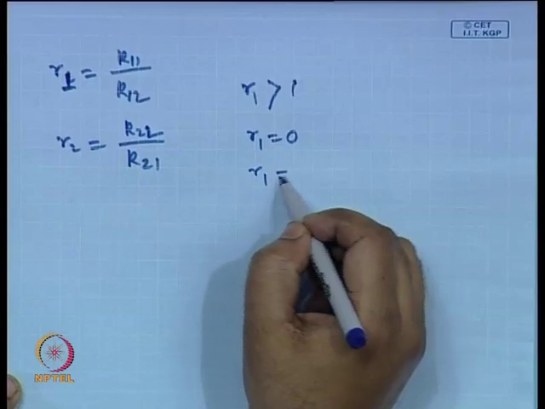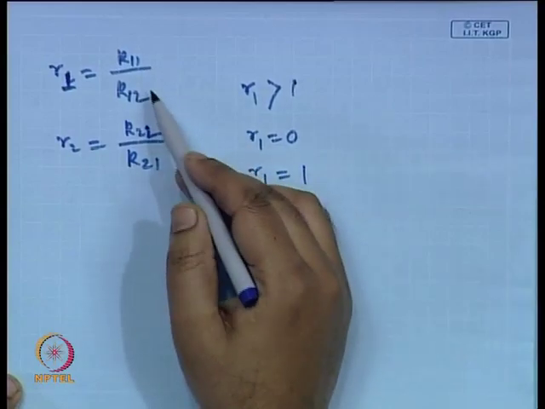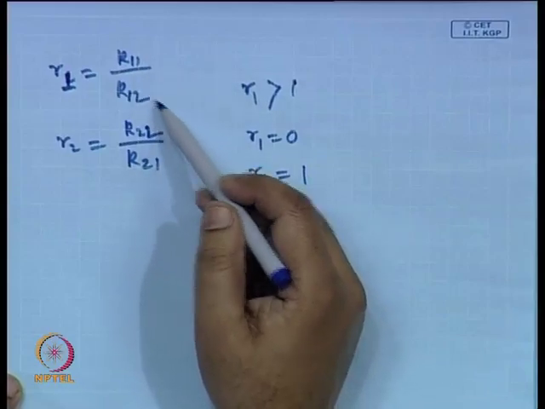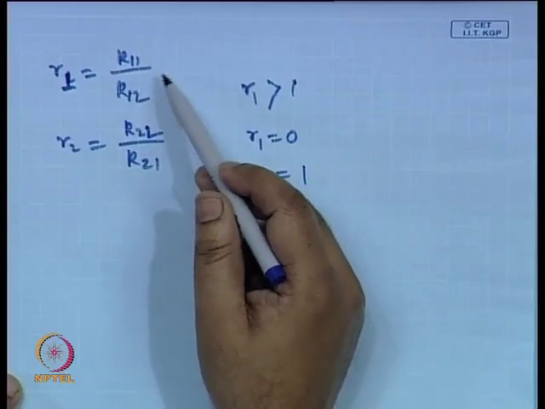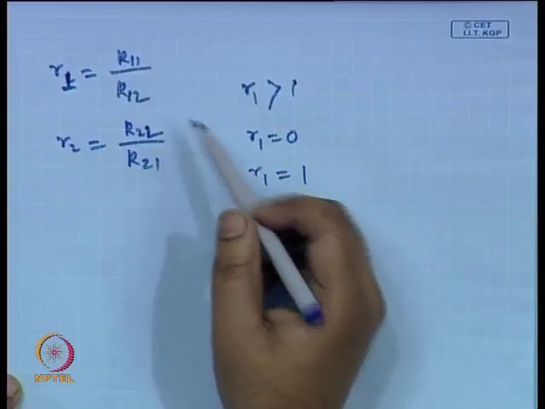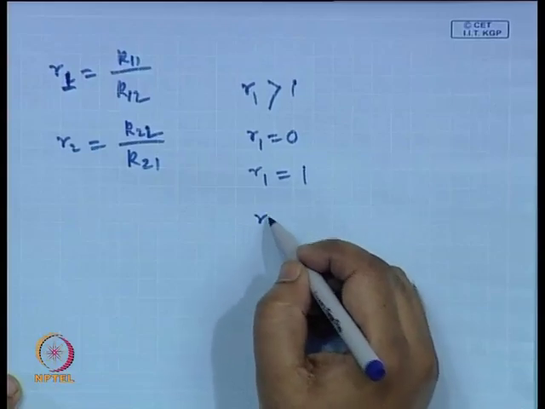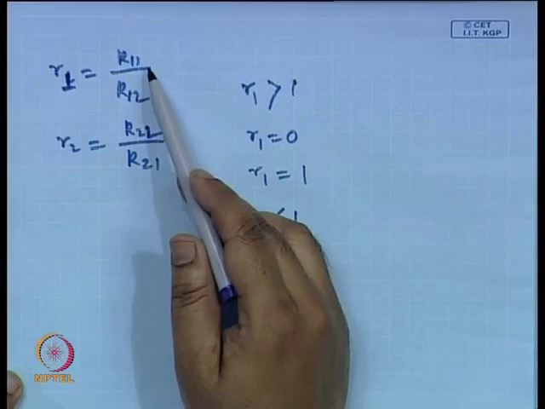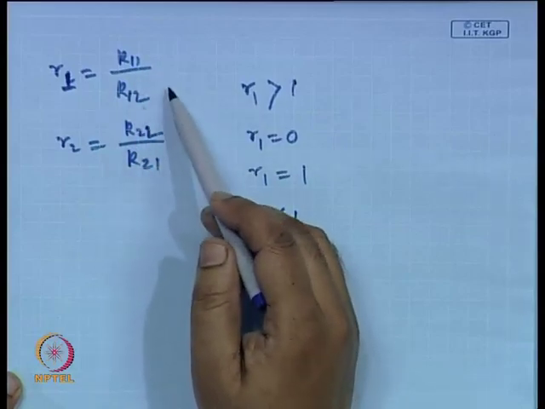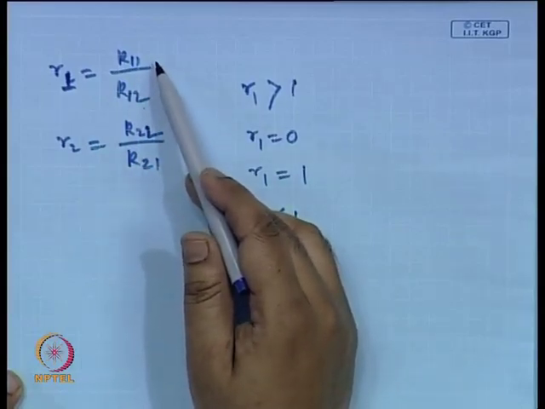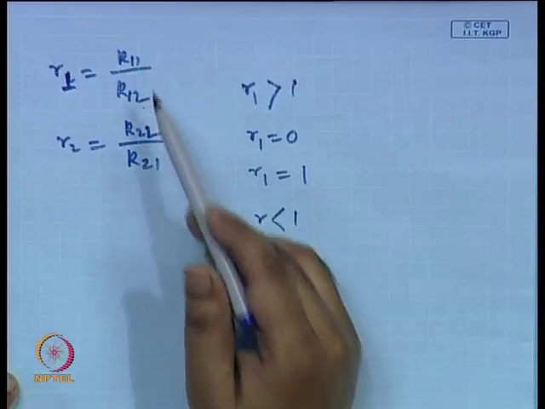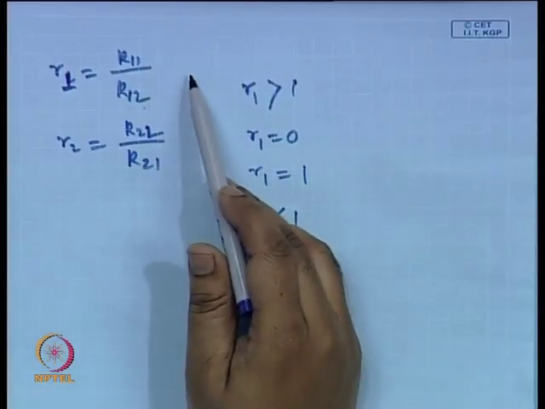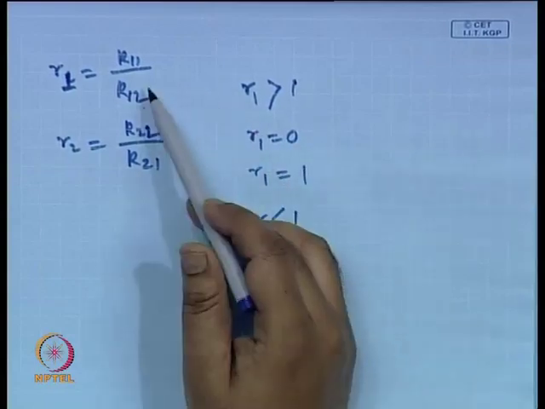If r1 is 1, then both are equal, that means there is no preference between homopropagation and cross propagation, so a completely random copolymer is formed. And if r1 is less than 1, then the tendency to copolymerize is more than the tendency to homopolymerize.